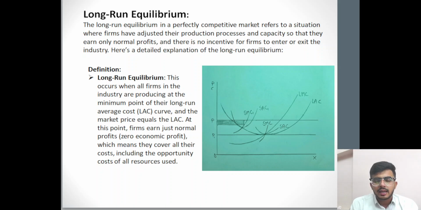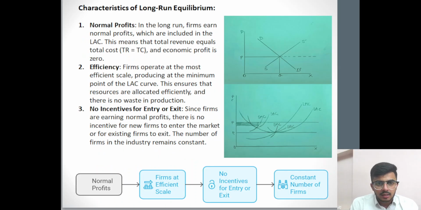Here's a detailed explanation of long run equilibrium, which is also shown in the figures. So the firms produce at minimum long run average cost, LAC, and only normal profits are earned, with no incentives for entry and exit.